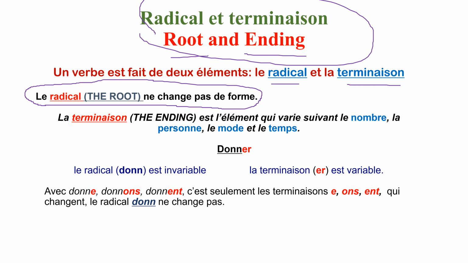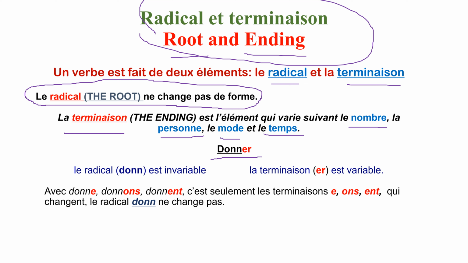It does not vary. That is the root. The ending, on the other hand, is the element that varies according to le nombre, that's singular or plural, la personne, that's first, second, and third person singular or plural, le mode et le temps, the mood and the tense.